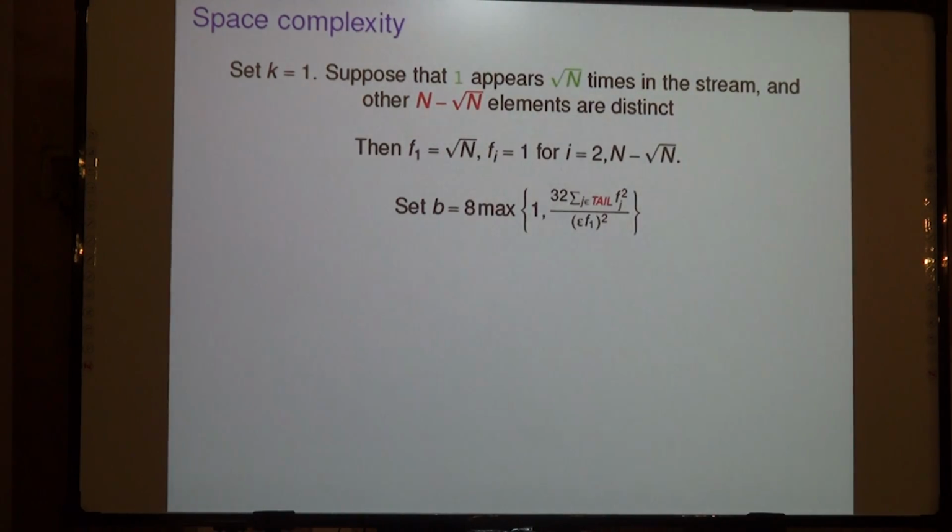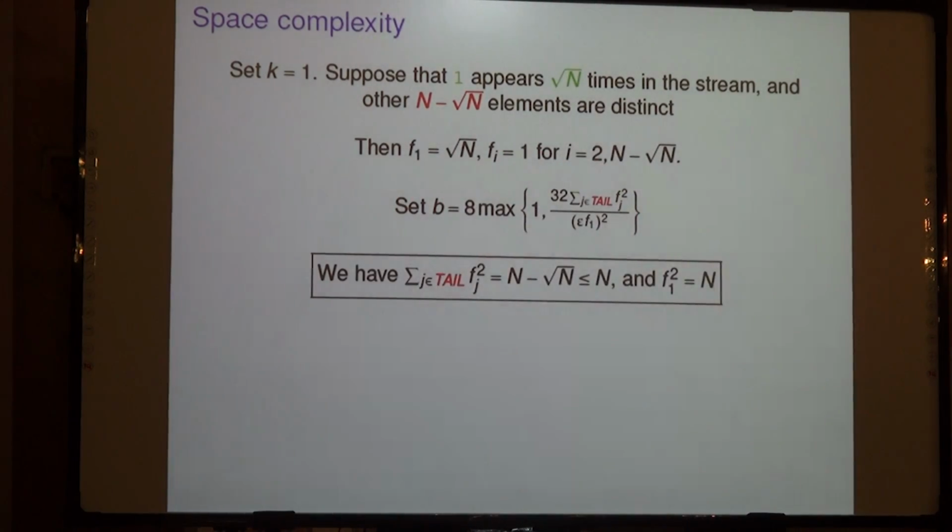Okay. So one other interesting thought experiment to put this in perspective is the following. Suppose for a second that our stream looks like this. There are n elements in the stream, and suppose that one of them appears with frequency root n, appears root n times, and all the other elements appear once. So if we look at what this tells us about the space complexity of the problem, we will realize that f1 squared is n.